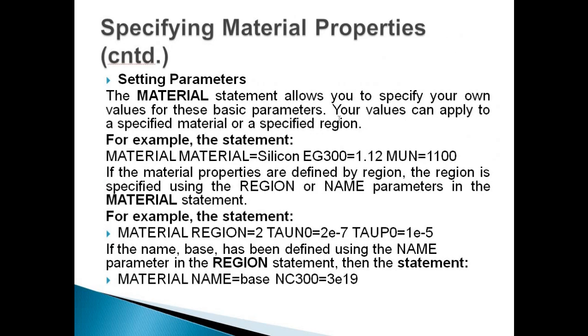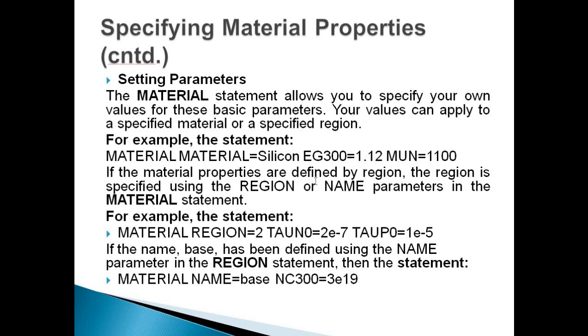The material statement allows you to specify your own value when you are introducing your new material or you are changing the parameters of an already defined material in Atlas. For example, the statement material silicon EG at 300 = 1.12 electron volt, MUN represents the mobility of electron.